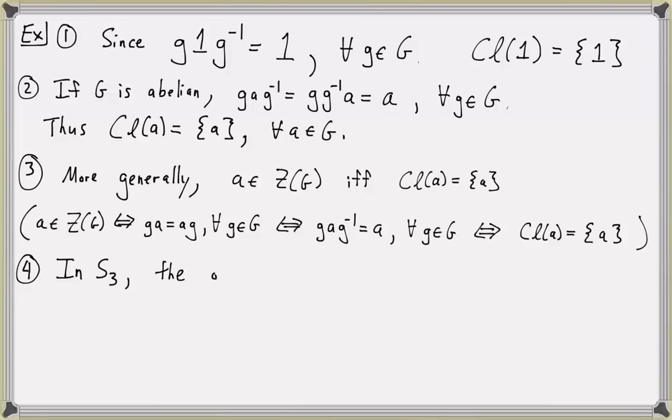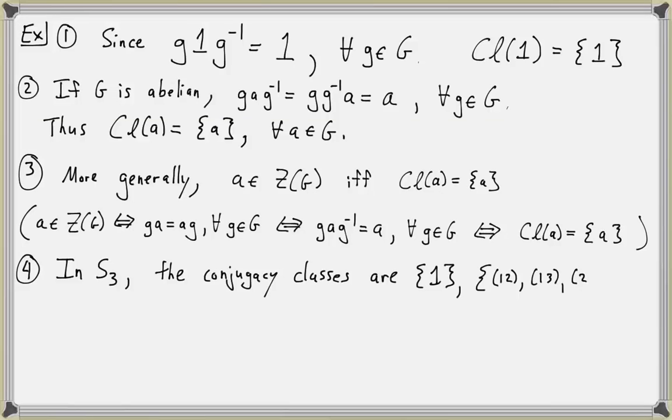We can check that the conjugacy classes for S3 are the set containing only the identity, the set containing all transpositions, (1 2), (1 3), (2 3), and the set containing the 3-cycles, (1 2 3) and (1 3 2).